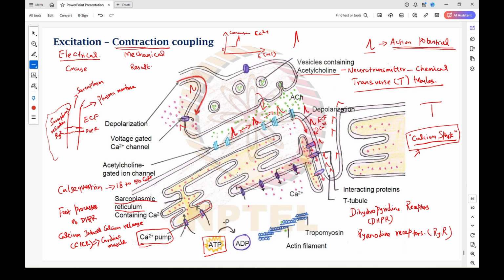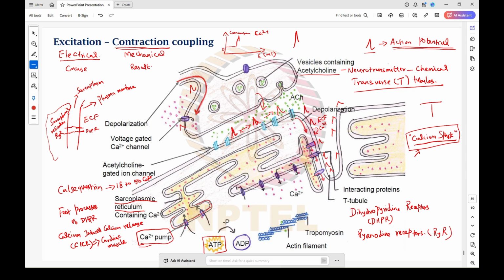The sarcoplasmic reticulum is always rich in calcium ions, because it has a protein called calsequestrin, which can bind 18 to 50 calcium ions, and this protein is specifically present within the sarcoplasmic reticulum.